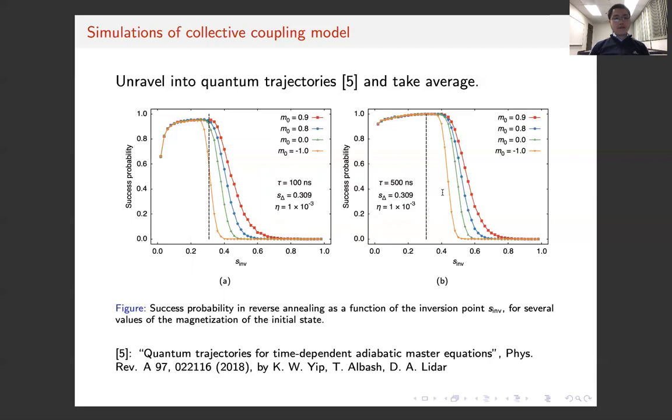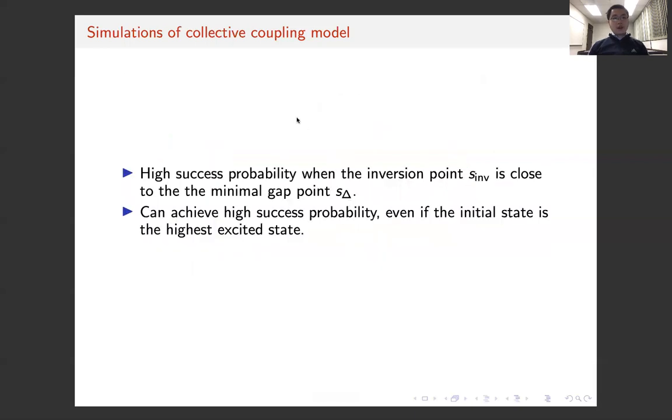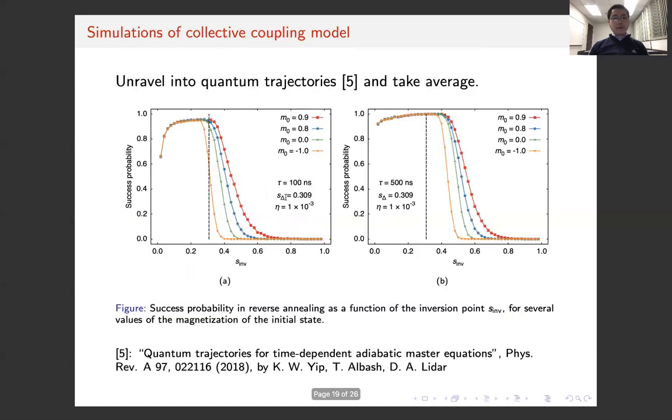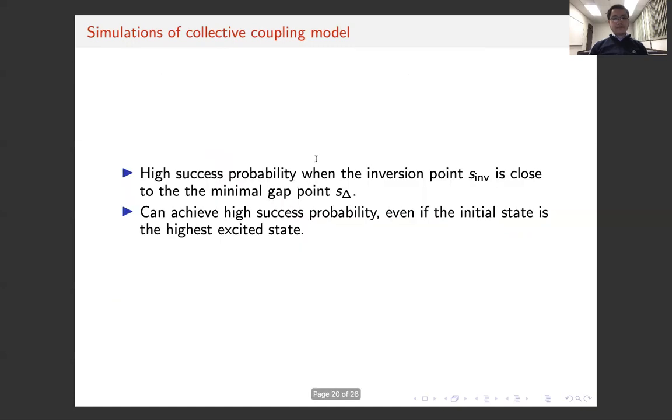So we don't have to reverse anneal a lot all the way back to the minimum gap point. We just have to reverse anneal to that point. And so in the collective coupling model, the high success probability occurs at inversion points around the minimum gap point and can be achieved for all initial states.